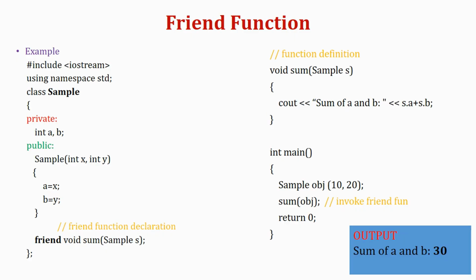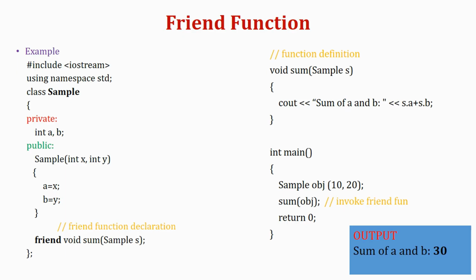Here there are two variables, int x and int y. These two variables get their values from the main function and pass them to the class members.